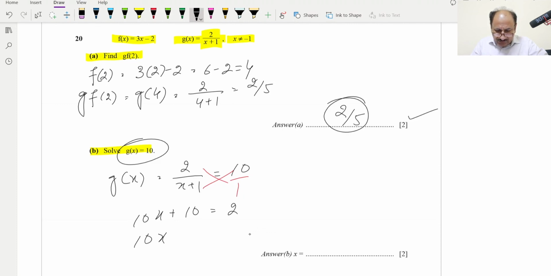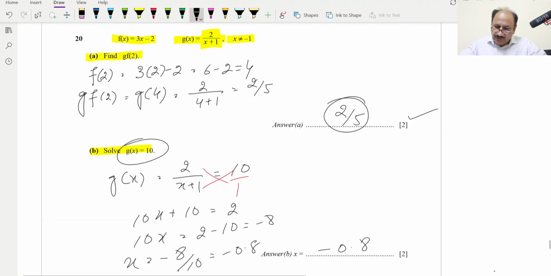So 10x is equal to 2 minus 10, which is equal to minus 8, and x is equal to minus 8 over 10, which is equal to minus 0.8. So the answer will be minus 0.8 for this question.